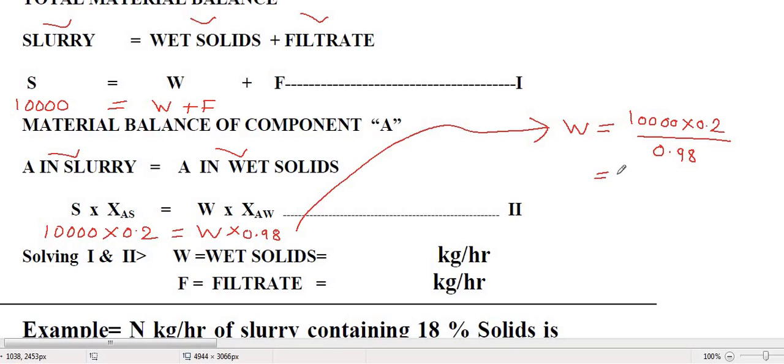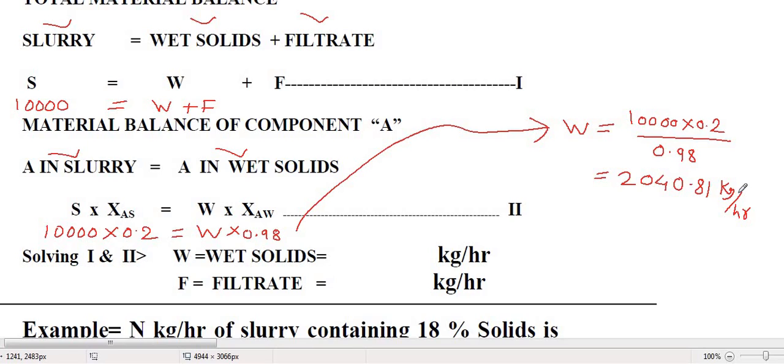You are getting W as 2040.81 kg per hour. So you get this value of W, 2040.81 kg per hour.